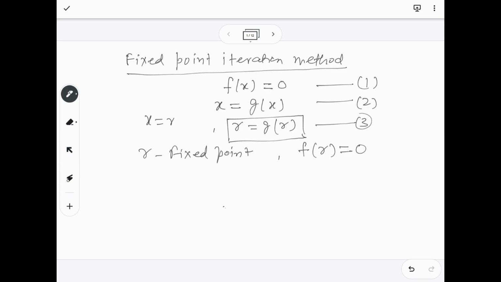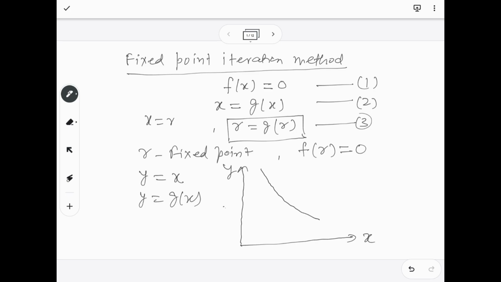We need to understand over here that for multiple values of x, this function may be 0. So it means that it may have more than one root. Now this equation 2, if I want to explain it graphically, let us say that I write it as y equal to x and y equal to g of x, and I plot a graph between x and y.